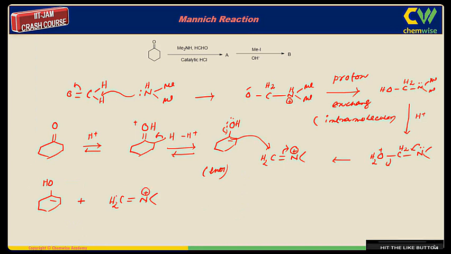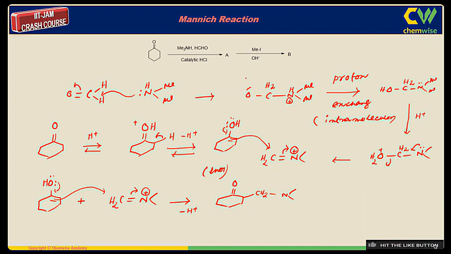This is plus. So this is CH2 NMe2, OH plus. Basically, I am doing a one step jump because in the next step it will be minus H plus, minus H plus. So this is done. Look, so this is the Mannich reaction.